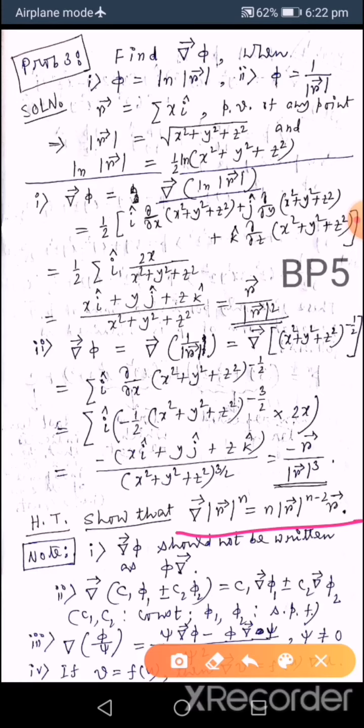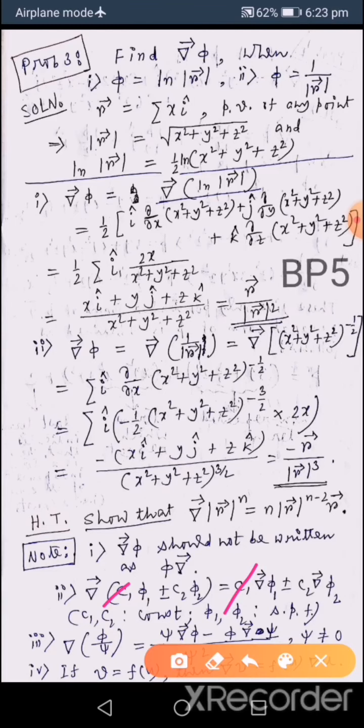Now few things we note. Number 1, del phi should never be written as phi del. Number 2, it can be easily proved that del of C1 phi 1 plus minus C2 phi 2 equal to C1 del phi 1 plus minus C2 del phi 2, where C1 and C2 are constants, phi 1 and phi 2 are scalar point functions.